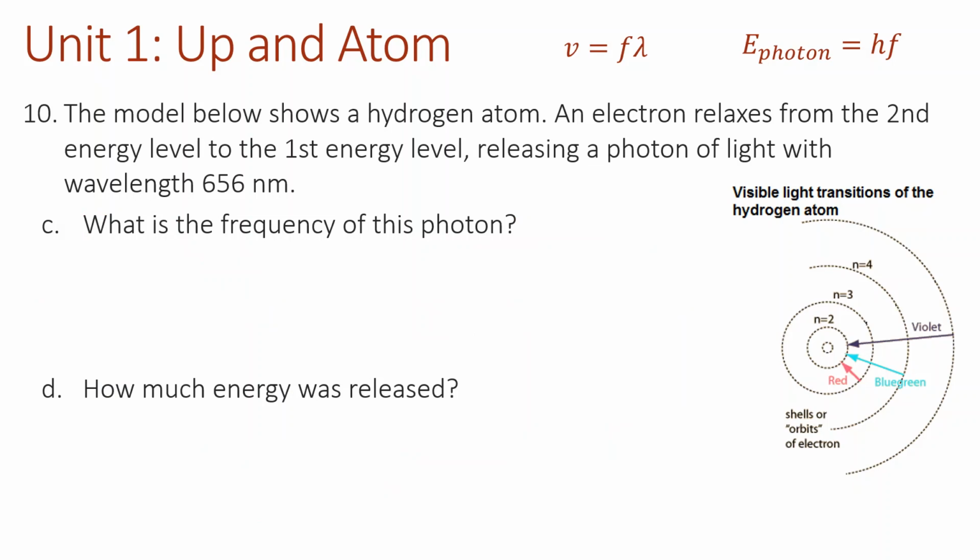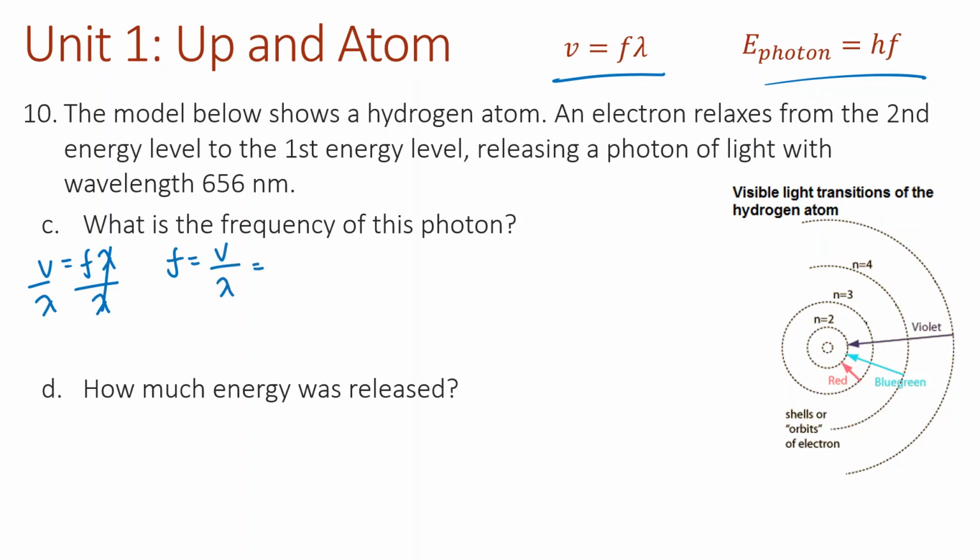In the next question, we're looking for the frequency and then the energy of this photon. So we're going to use our wave equations, which I've included up here. First we have v is equal to f times wavelength. If I want to solve for frequency, I need to divide both sides by lambda, by wavelength, so that I isolate the frequency term.